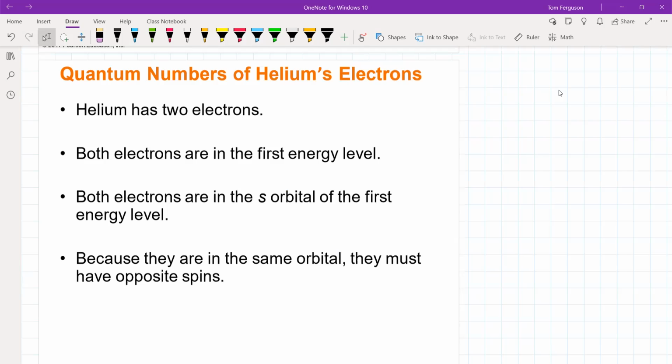So if you have 10 electrons, you're going to have 10 configurations describing each electron. Its shell, its subshell, its spin, all that stuff per electron. So you have 4 values per electron. Okay, so helium has 2 electrons.